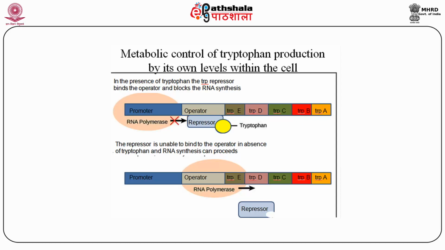The switch which controls the operon initiation is referred to as an operator or the controlling site, which is a segment of DNA placed within the promoter or, in some cases, between the promoter and the enzyme coding genes.